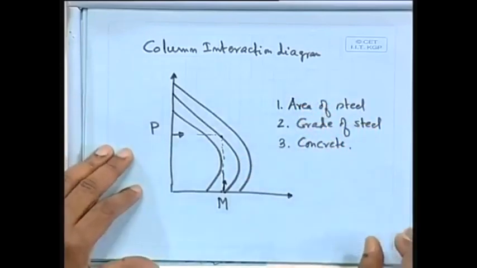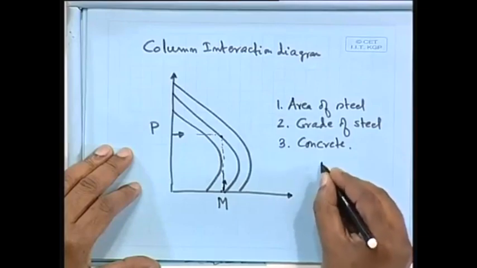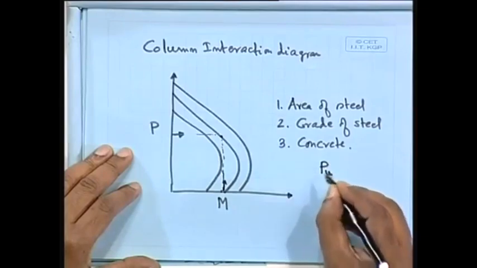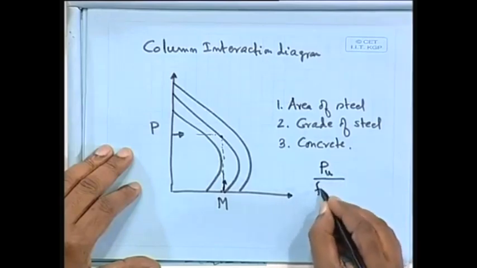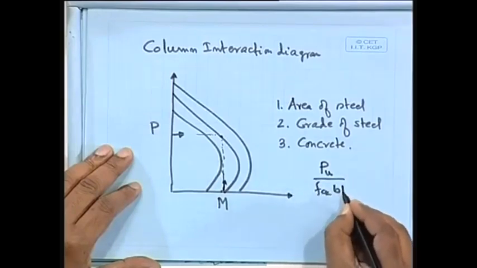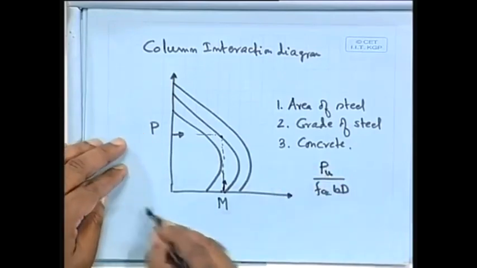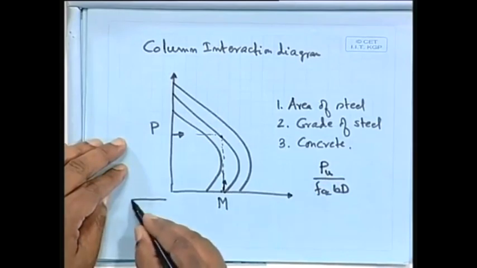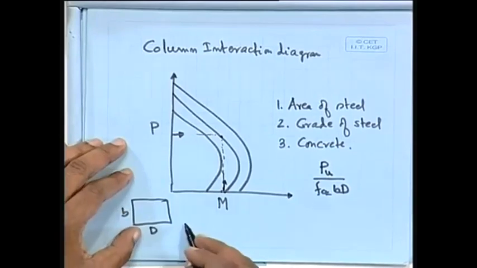What we do here, instead of that we make it PU, the design load, and we divide by FCK BD. FCK is the concrete grade used, B is the width of the column, and D is the depth of the column.